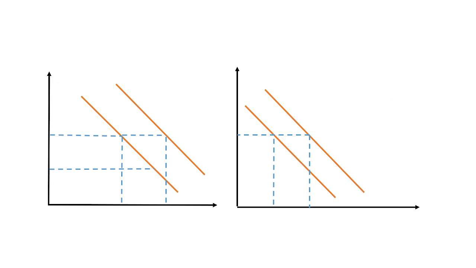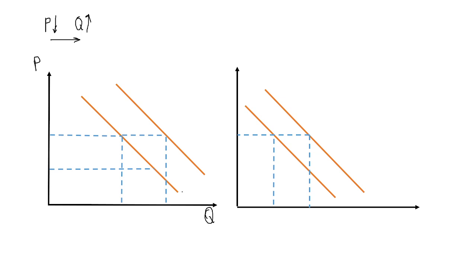But how can we show this relationship in the demand curve? Here again we have two figures, with price on the y-axis and demand quantity on the horizontal axis, or x-axis. Let's look at the first scenario. When the price of a complementary good decreases, the quantity demanded of the original product increases, and we show this increase by shifting the demand curve to the right.